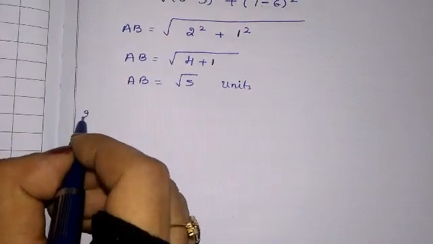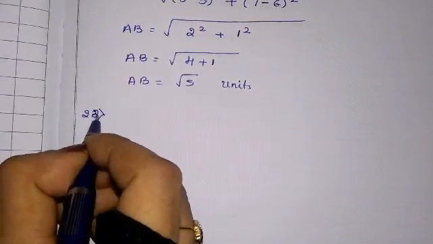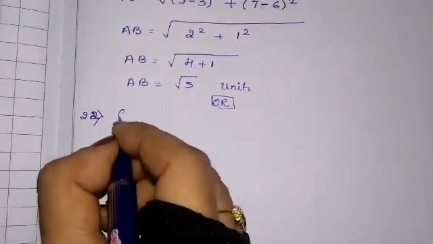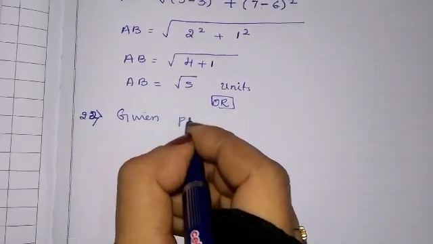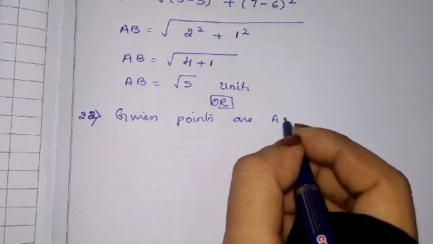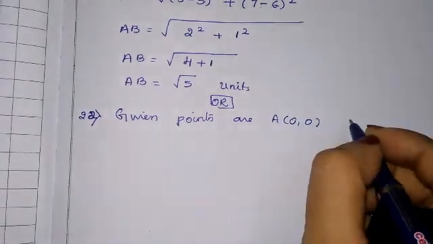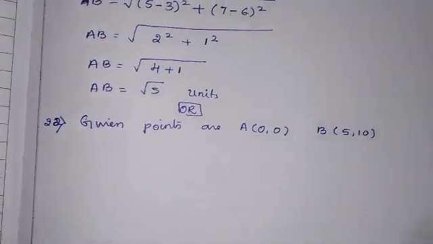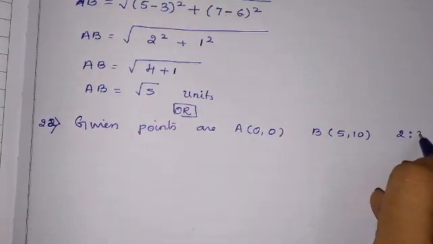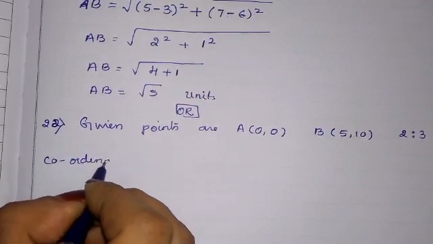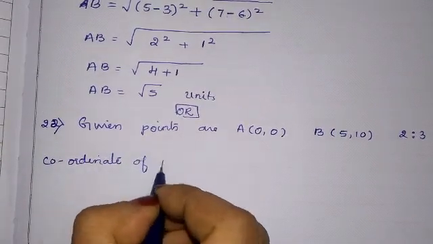Let us write, the given points are A(0, 0) and B they have given (5, 10), and they have given in the ratio 2:3.